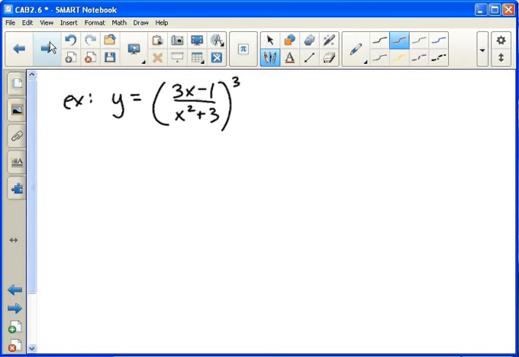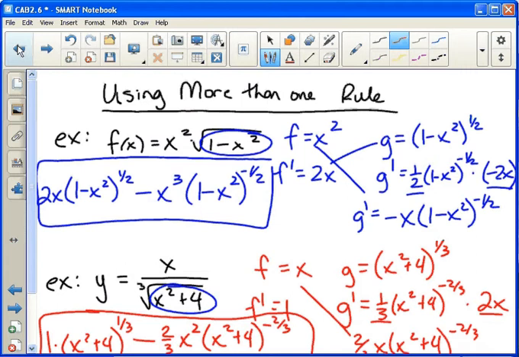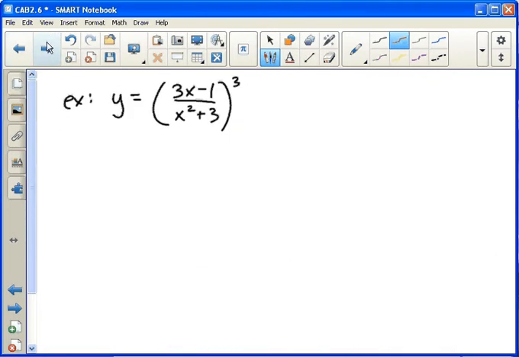And the reason is everything is being raised to the third. Everything is inside that power. So the whole problem requires chain rule, not just a small part. If you look back at these first two examples, only this half required chain rule, and only the denominator required chain rule. Whereas here, the whole thing requires it. So we need to start by thinking in terms of the chain rule.